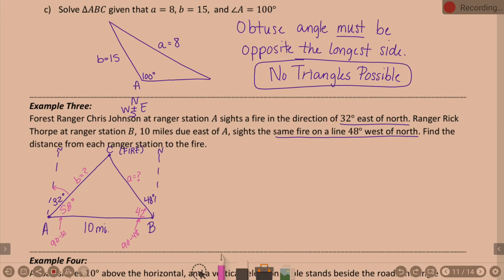What about angle C? Angle C would be 70 degrees because 180 minus 58 minus 52. You said angle C? Yeah. What do you say it is? 70.